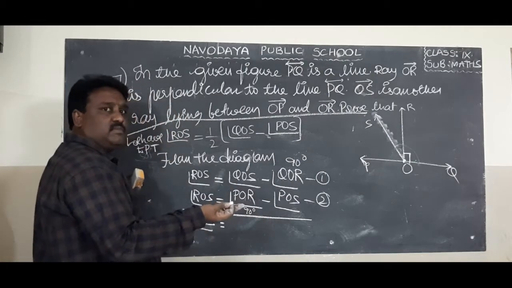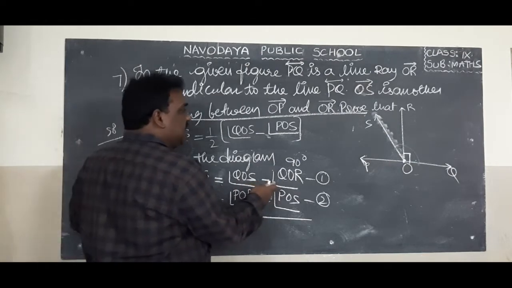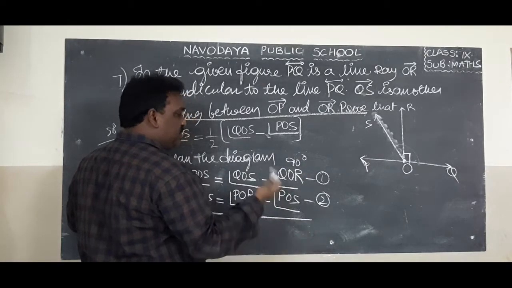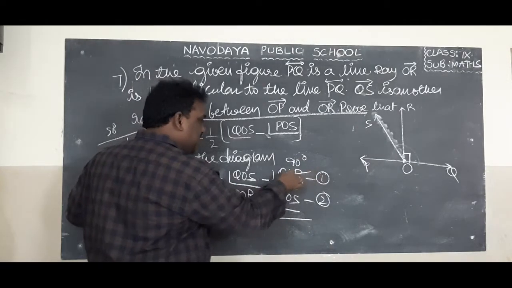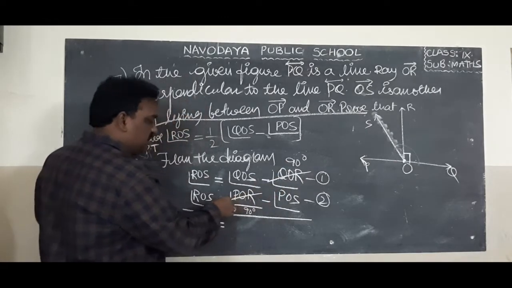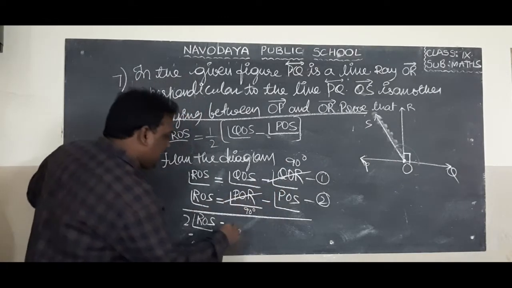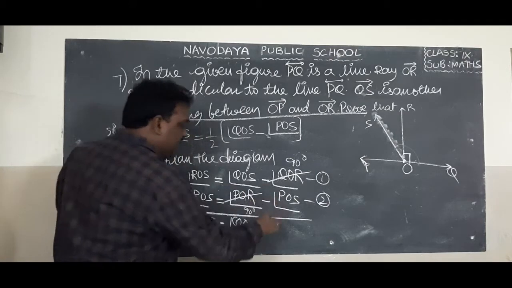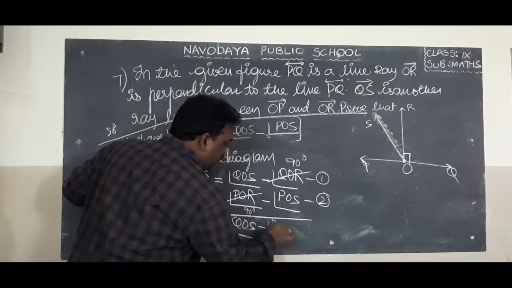See the diagram. How we get 90? Angle QOR is 90 degrees. So, right side 90 means left side also 90. This is minus term. This is plus term. Both cancel. What we get? Here angle QOS. Here minus angle POS.